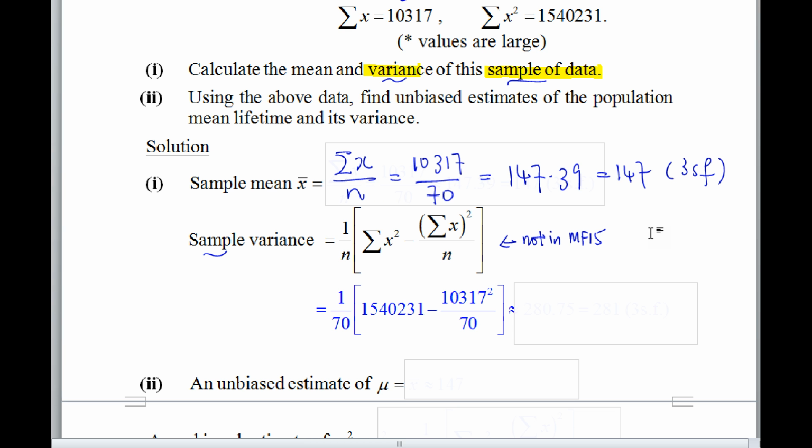All those are given. Correct? All those are given. Summarized data given. Okay, and the values. You can easily call.